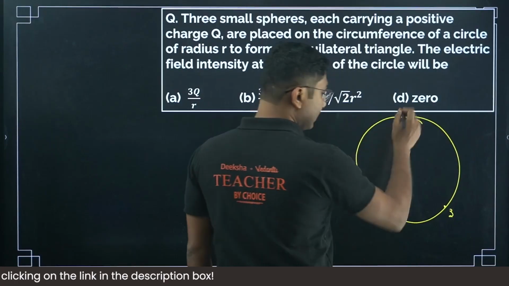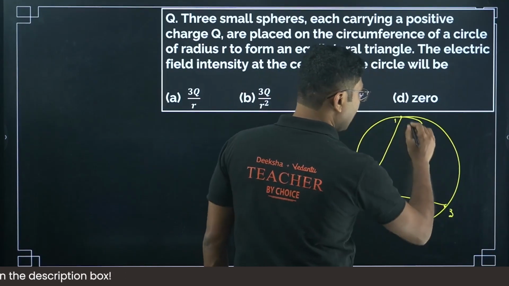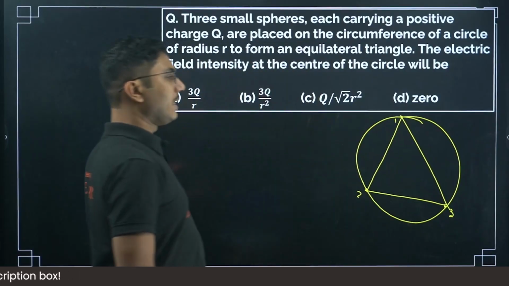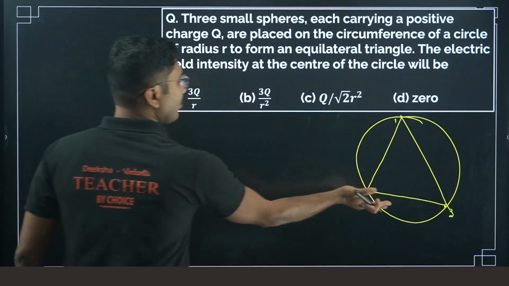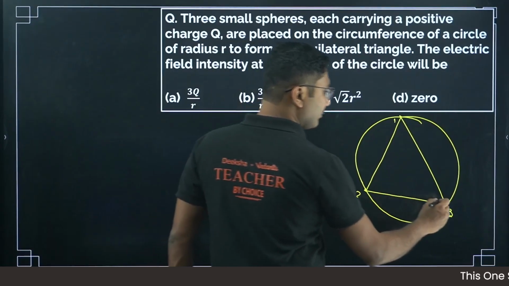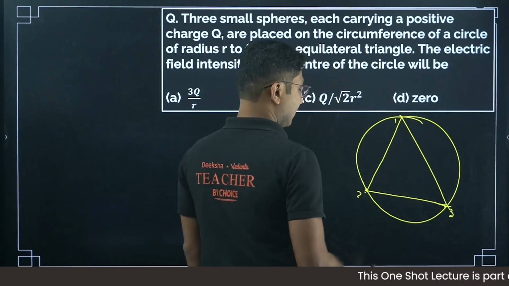Now they are located in such a way that the triangle, once you make it, will be an equilateral triangle. Even though it does not look like an equilateral triangle, these two points will be slightly above, but this will be an equilateral triangle. That means all the points are at equal distances.